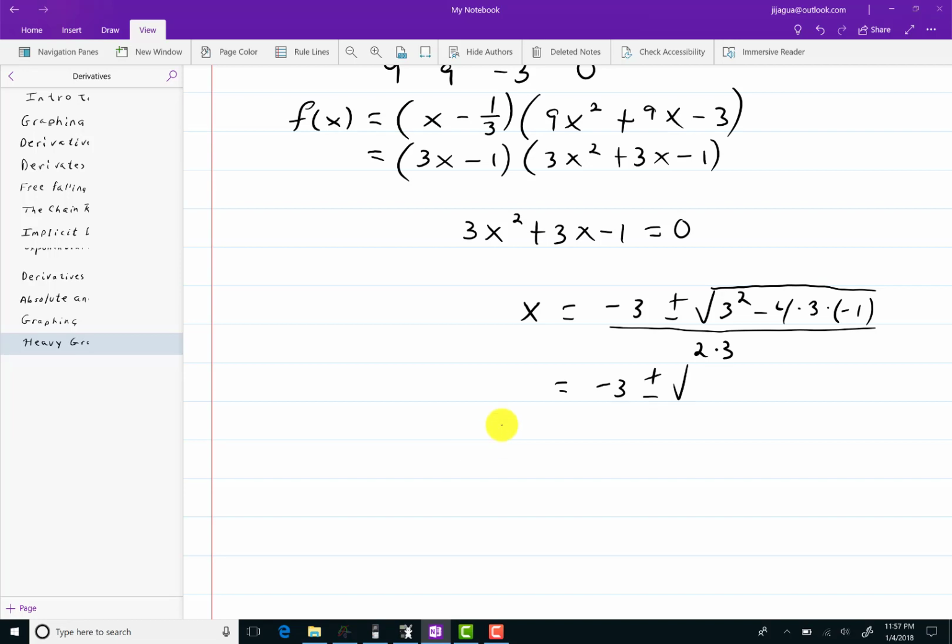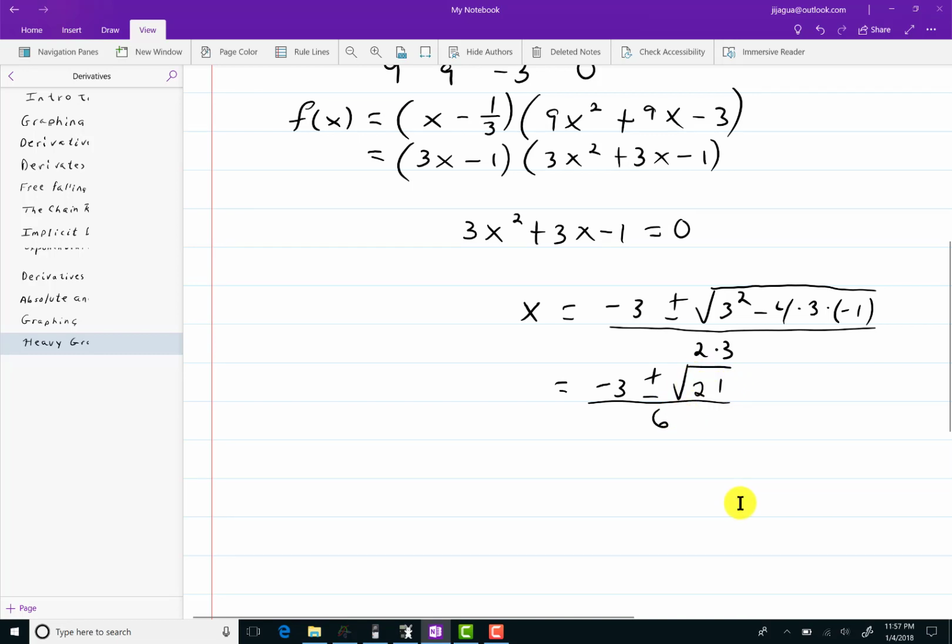Now inside of here I have 9 plus 12, so that's 21, all over 6. There's really no way of simplifying that, because you can't really take anything out of this radical 21.